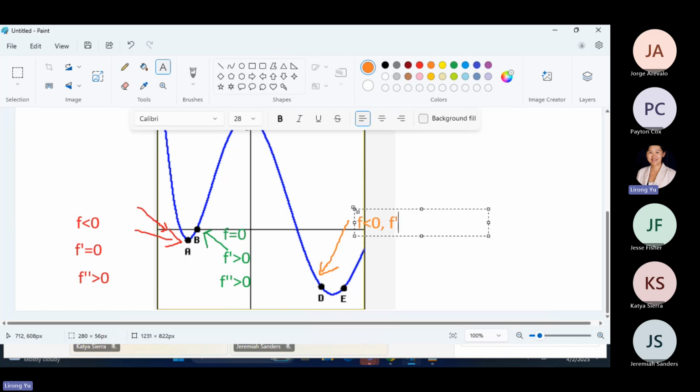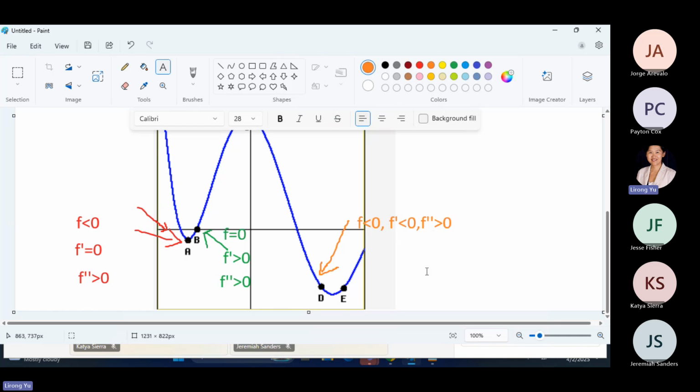Now, what about the derivative? Is it decreasing or increasing? Decreasing, so it's negative for the first derivative. Now, what about the second derivative? So it's concave up, so it's also positive, yes.